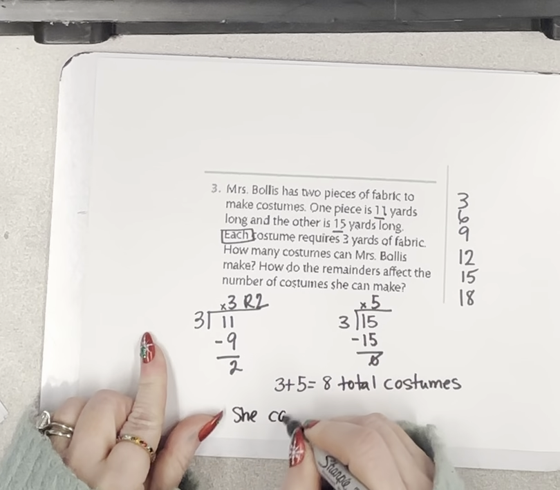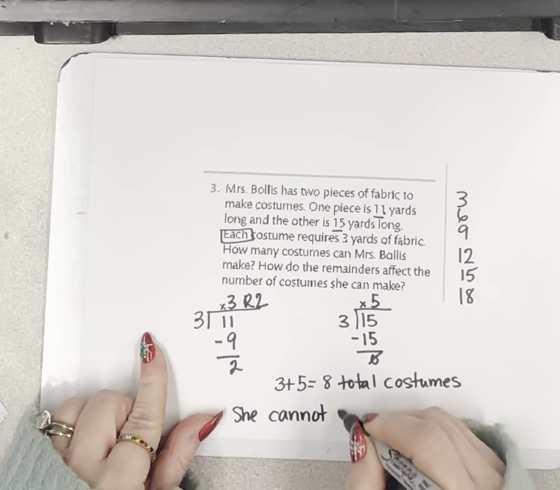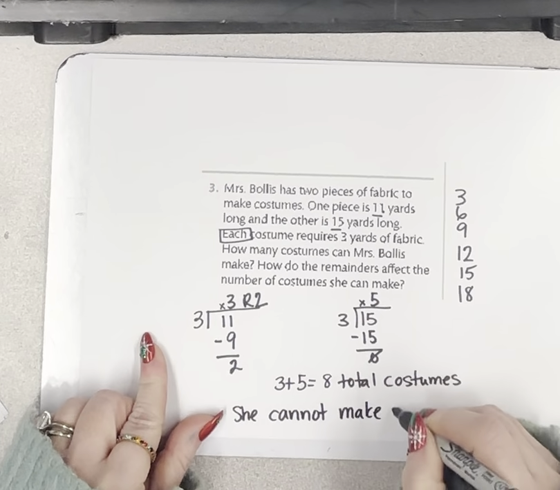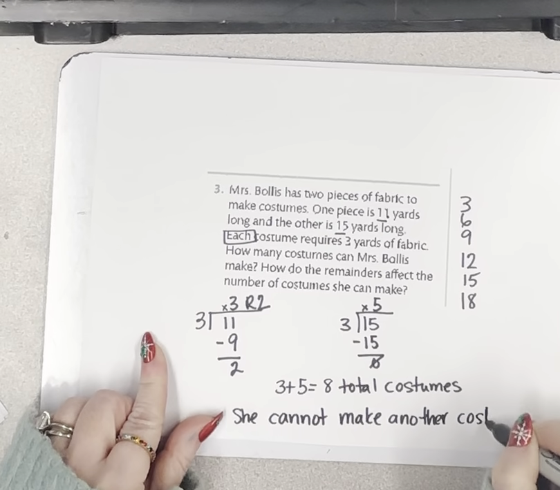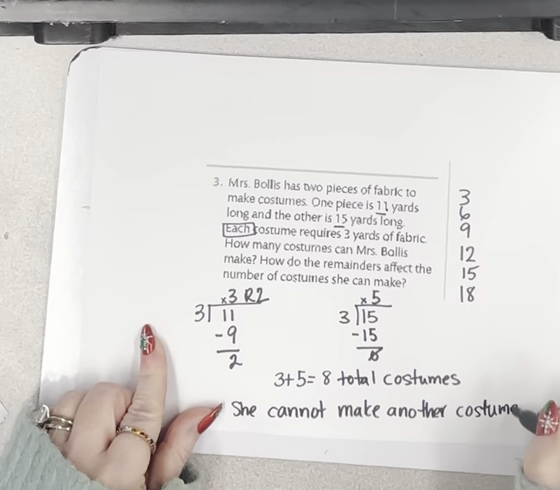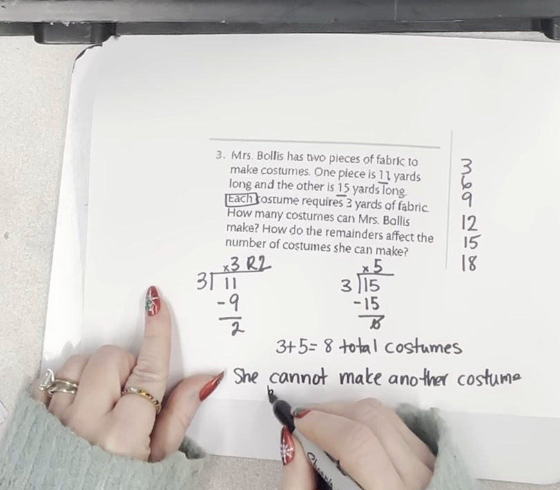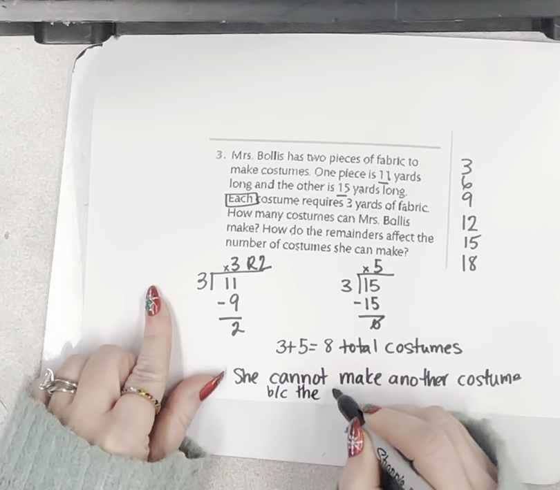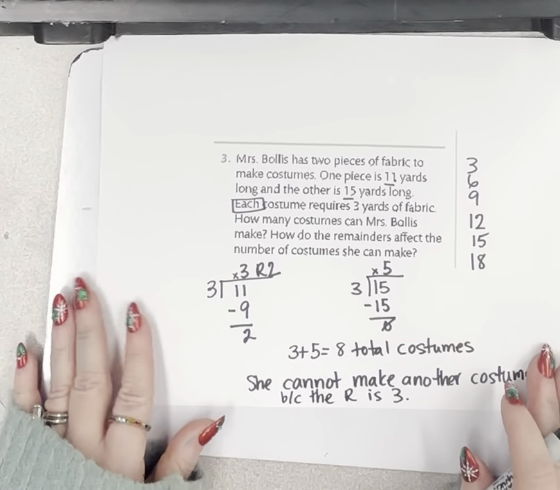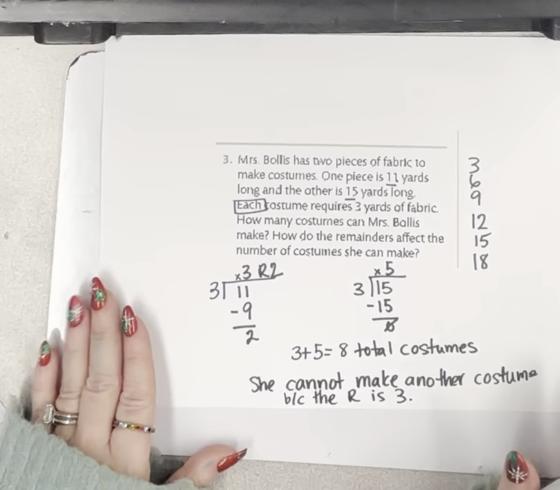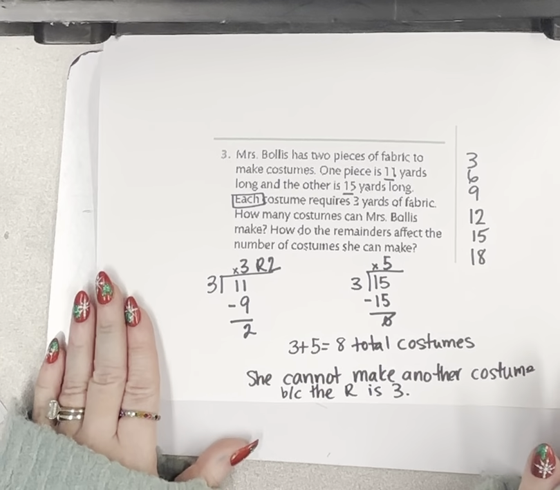She cannot make another costume because the remainder is 3. That's all. It doesn't need to be a whole paragraph. You don't need to give me races and details. Just give me a simple sentence as to why.